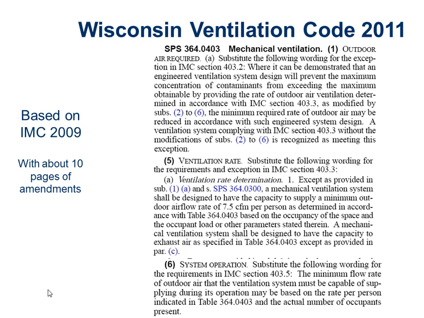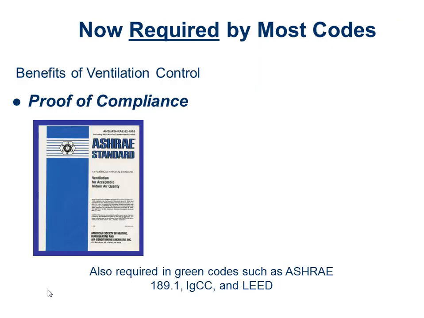However, because Wisconsin already has a fairly low ventilation rate of only 7.5 CFM per person, it doesn't afford me a lot of space for modulating it. Because remember, I'm going to have some minimum that's associated with the building itself, VOCs and all that. So I'm going to have a much smaller range to modulate based on the people. So my savings won't be as quick as in other states. However, it is permitted to use this type of technology.